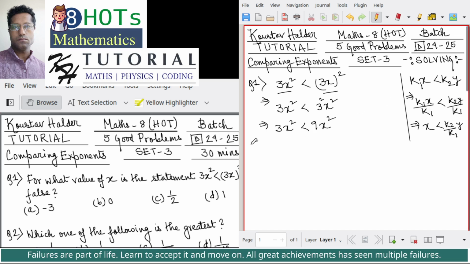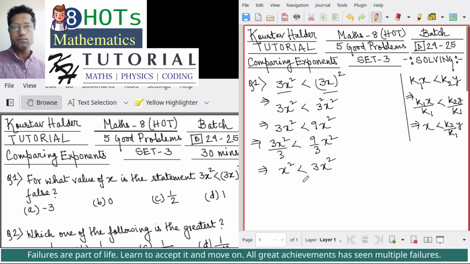So in this inequality, if I divide both sides by 3, I get 3x square by 3 is less than 9 by 3 x square, and this implies x square is less than 3 x square. Now you might be thinking that of course x square will always be less than 3x square, but remember one choice is 0.